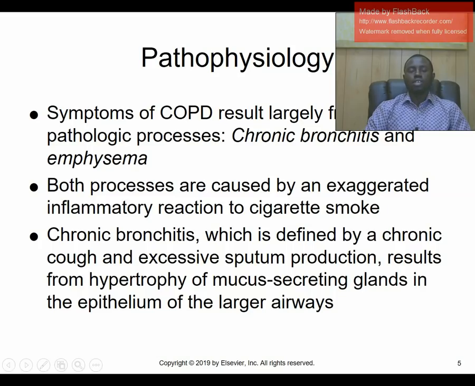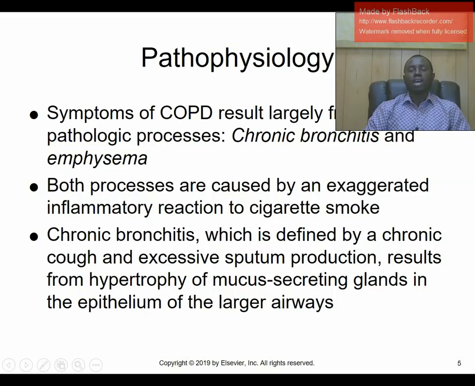So hypertrophy is just the increase in size of the glands that secrete mucus. And when they increase in size, they also increase in the production of mucus. This mucus can thicken up, and also because there is a reduced activity.